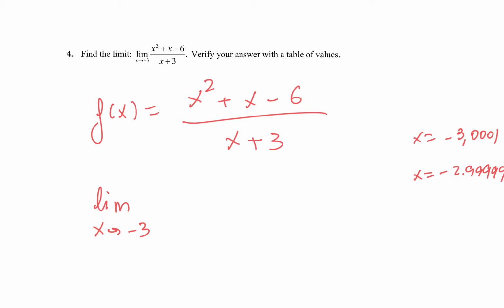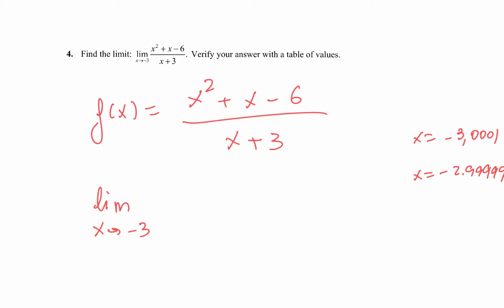The third way, the algebraical way, is to do the limit, and this means that you have some manipulation to do.